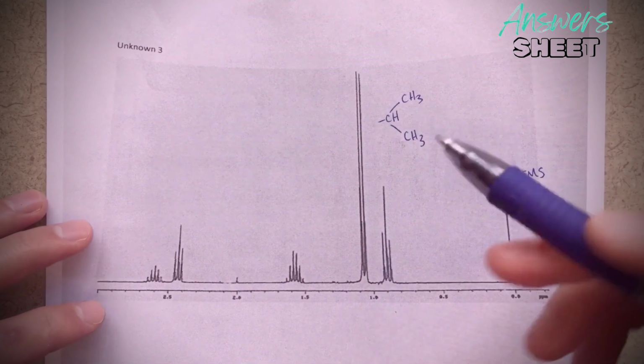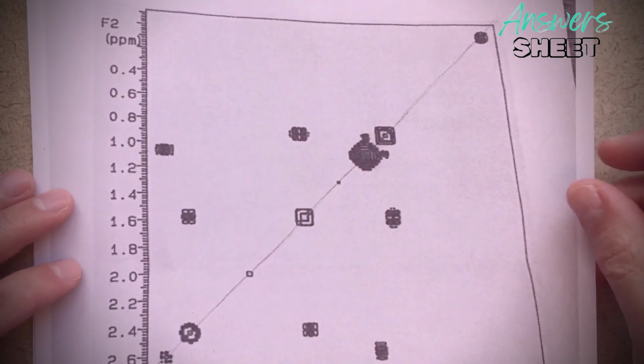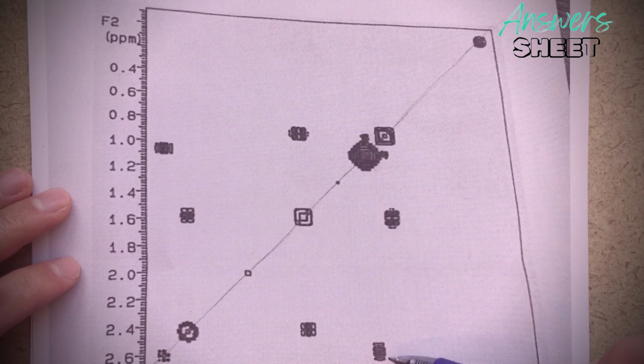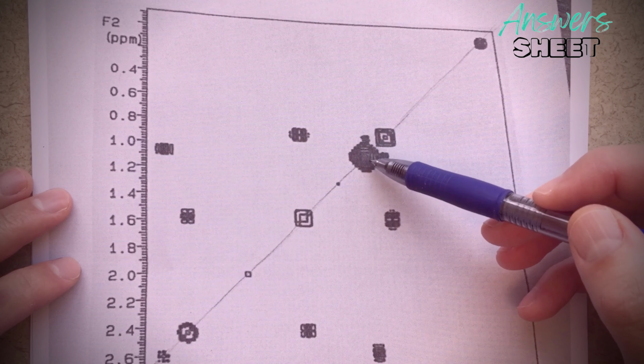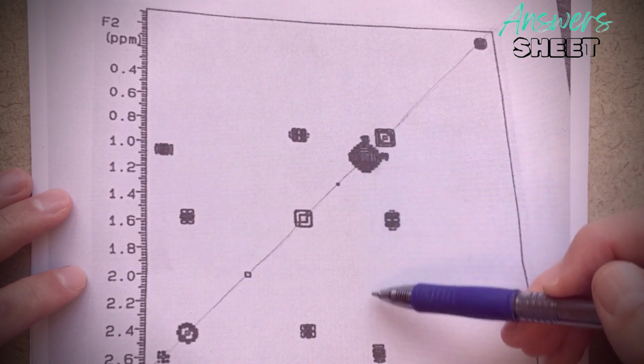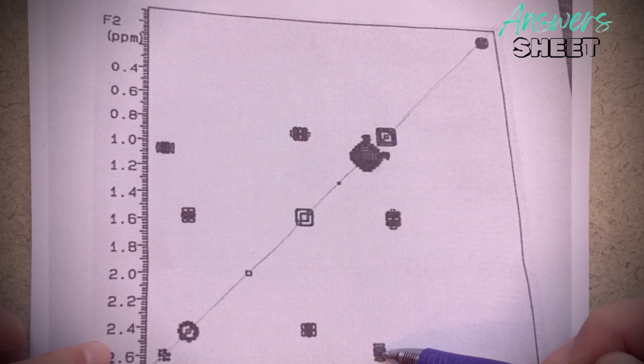Now let's go to our COSY NMR and see what we see for that signal. Here on our COSY, this would be the signal for that 1.1, that really big doublet. If I look for the cross peaks, there's a cross peak here at 2.5, 2.6-ish.